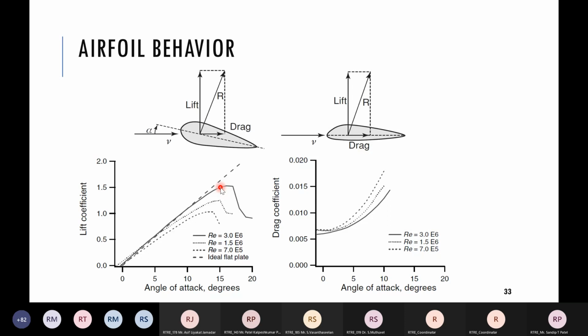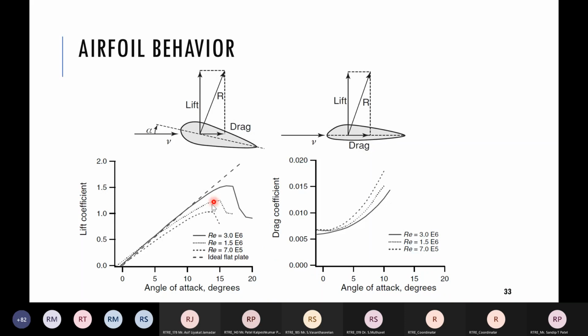Is it so? No, it is not, because the drag coefficient also increases with the angle of attack. Fine. So what would be the maximum lift condition?